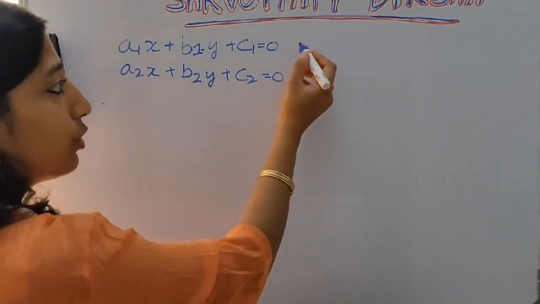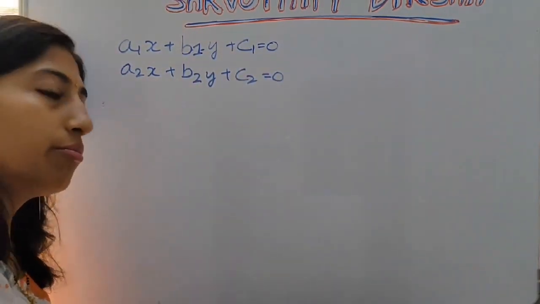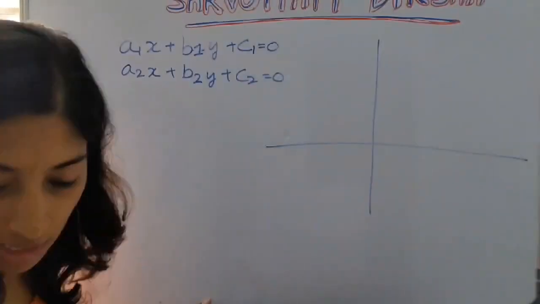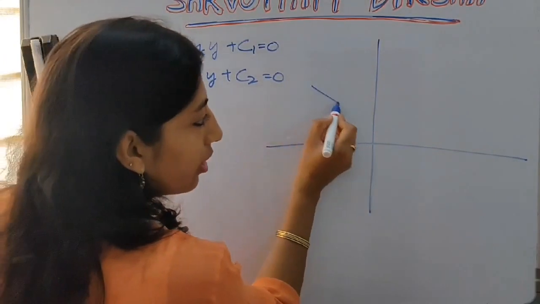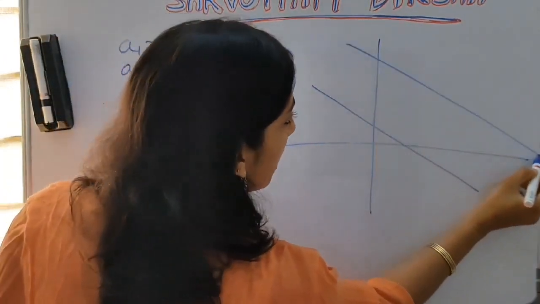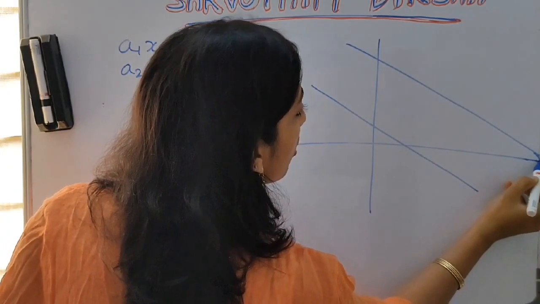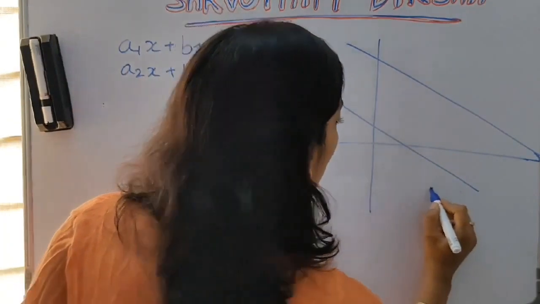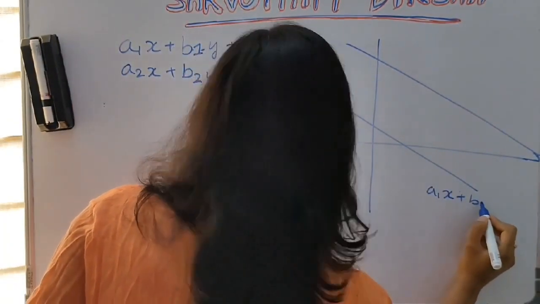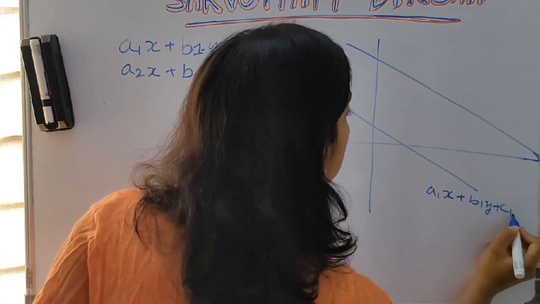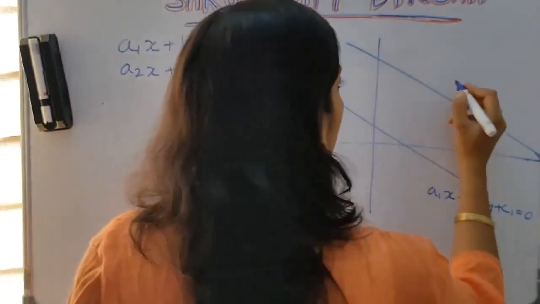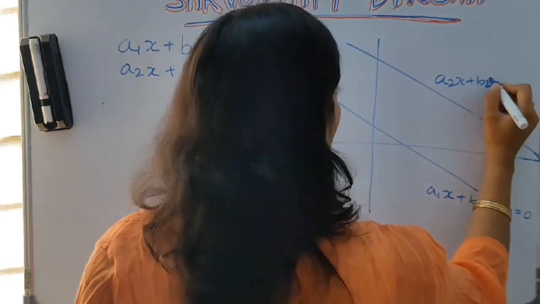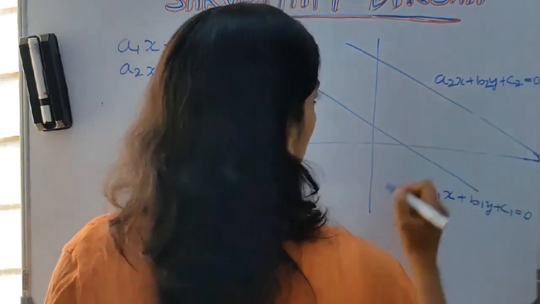I have two equations as I explained before. Let me plot it on Cartesian plane. So when I plot it on Cartesian plane, let us say I have got two equations. Now let me say this is equation for a1x plus b1y plus c1 equal to 0, and this is equation for a2x plus b2y plus c2 equal to 0.